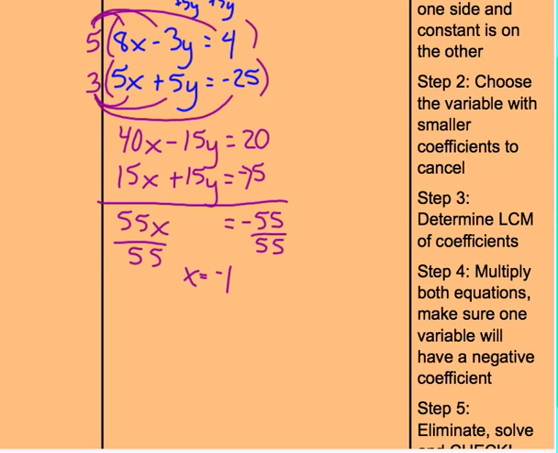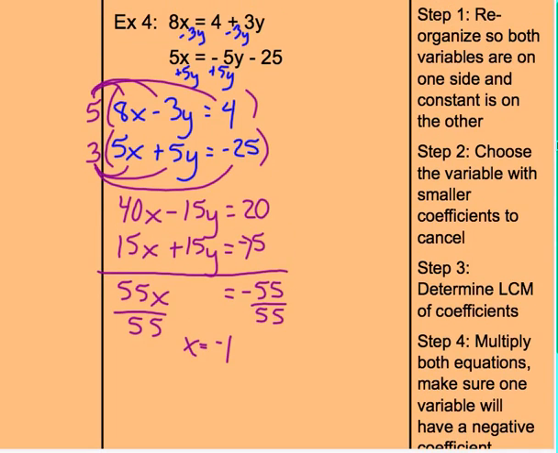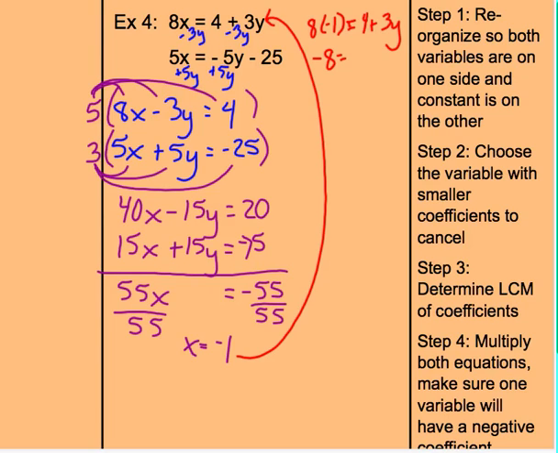So now I need to use one of my original equations to solve for y. And y isn't really alone on either of them. I'm going to use my first one because we've got positive coefficients, so it'll be a little bit easier to solve for y. So I'm going to go ahead and substitute negative 1 for x. 8 times negative 1 is negative 8.